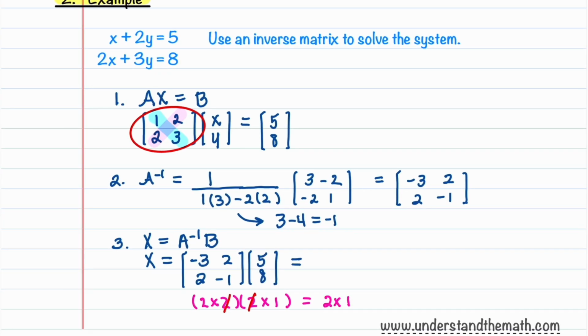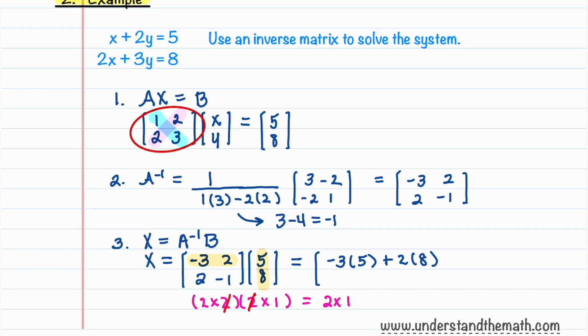Let's go ahead and find that now. To get the first entry, we're going to multiply this row times this column, and that's going to give us a minus 3 times 5 plus 2 times 8. I have a video on matrix multiplication if you need to review that.